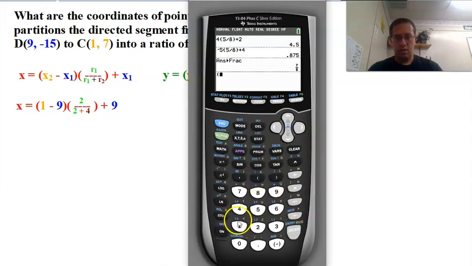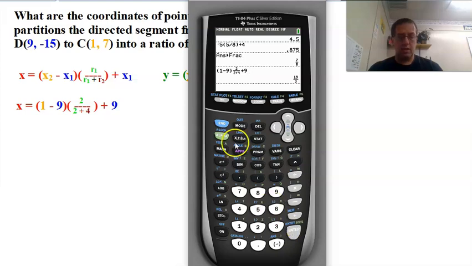So we have 1 minus 9 times, let me do my fraction thing here, 2 over 2 plus 4, not the arrow out of the fraction, 2 plus 4, plus 9, and I get 19/3.